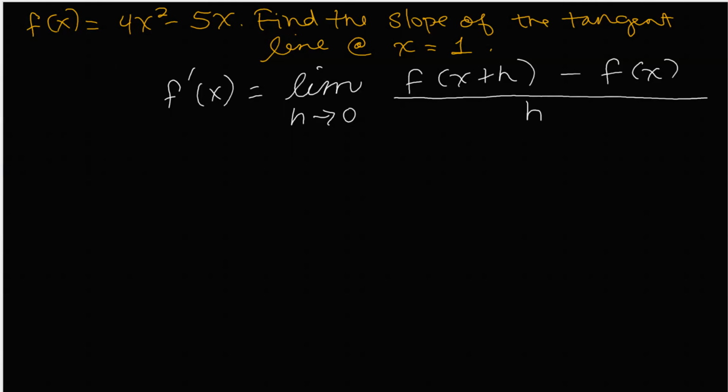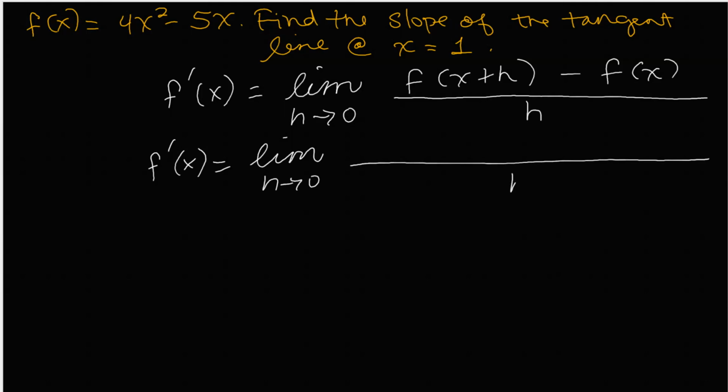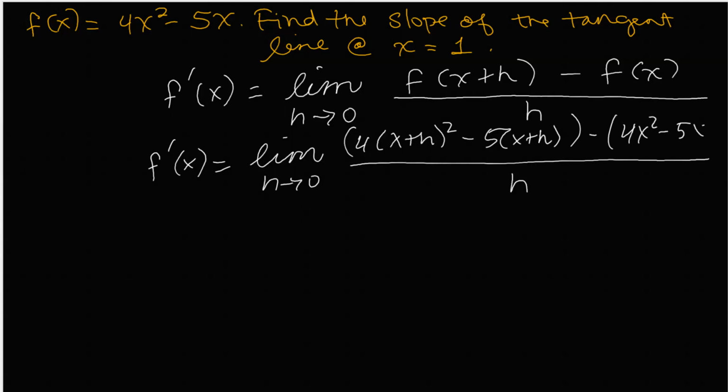So the same problem, but I'm going to approach it this way. The derivative function is the limit as h goes to 0 of f of x plus h, which would be 4 times (x plus h) squared minus 5 times (x plus h), all that minus f of x, which is 4x squared minus 5x.